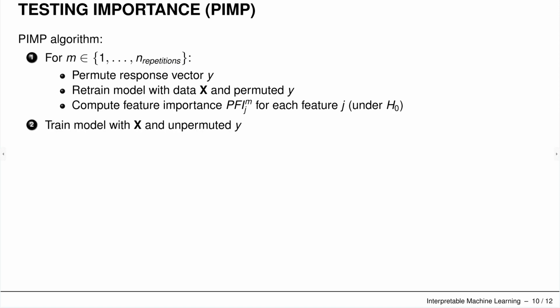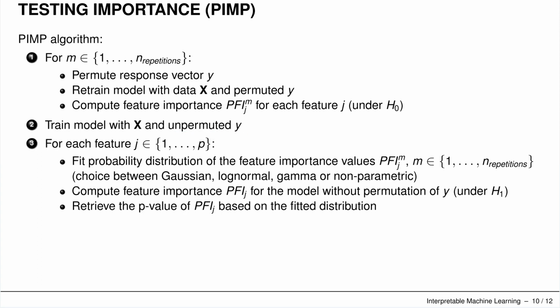And in the second step, you train your model with X and an unpermuted y. And for each feature, you fit a probability distribution of the feature importance values, so of the one under the null. You can do that parametrically using, for example, Gaussian, log-normal or gamma distributions, or in a non-parametric way, by using quantiles, for example.